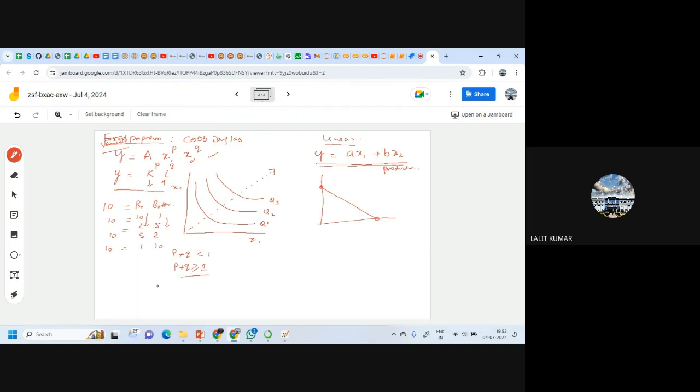Here also, to have the same production, if I reduce x1, x2 increases. We can see this from the graph. I will not cover the mathematics, but the cost function for linear becomes like a Leontief production function.